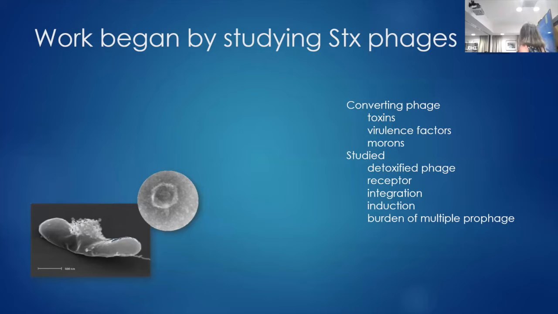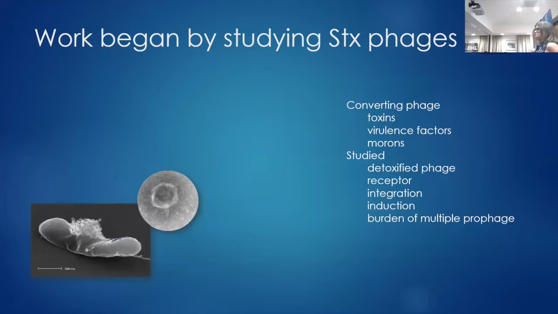So what we started looking at was identifying the receptor on the cell and how the phage recognized it. We looked at integration control because it was a little bit different than what you see with lambda. We looked at induction controls because this was very different. C1 in the Shiga-toxin phage we were studying was absolutely a horrible repressor. It was very labile, it broke down very quickly.